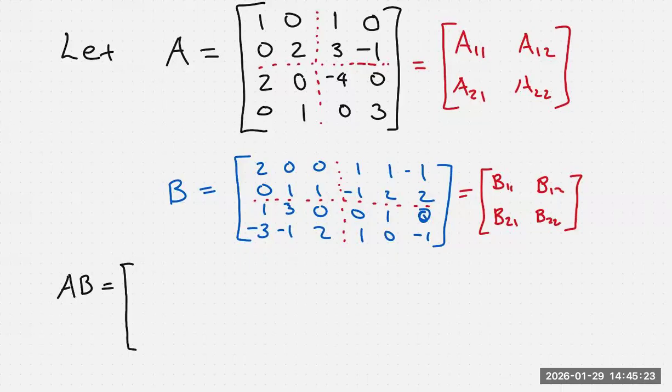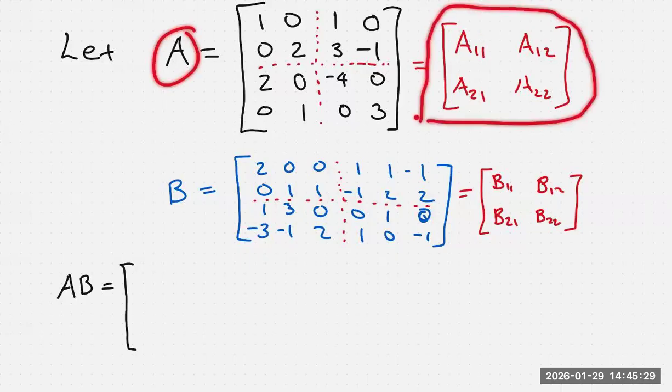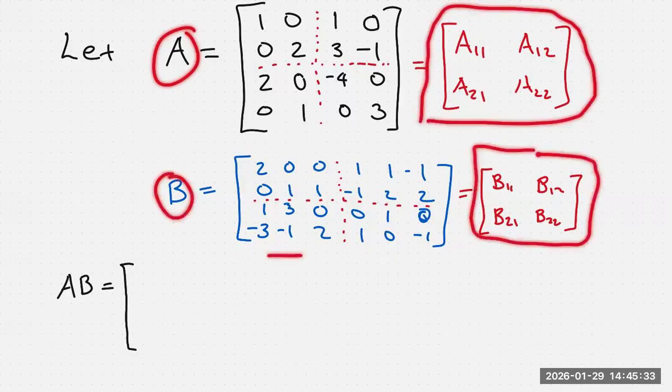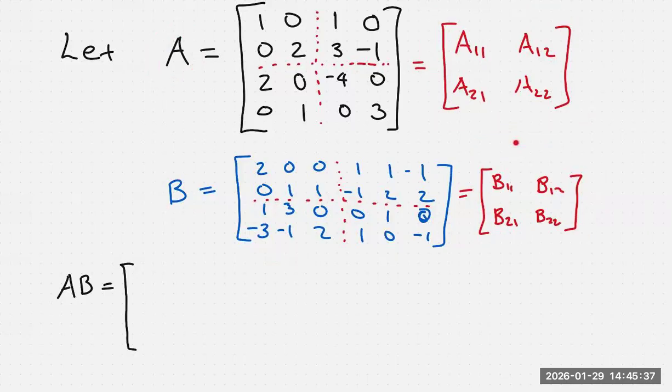So I'm going to multiply A, which is this over here, by B, which is this over here. Watch now. Let's just look at A11, A12.